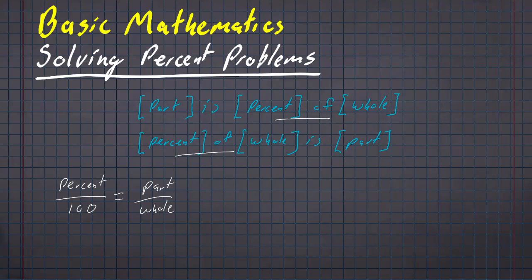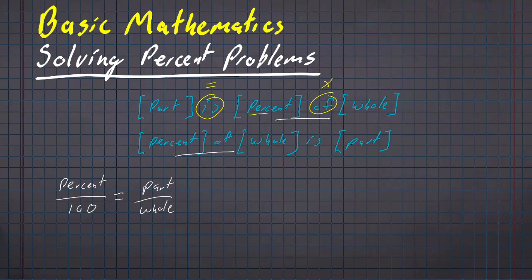The other option is to rewrite the percent problem as an equation. And in order to do that, we can use two simple facts. The word is almost always translates to an equal sign, or really any verb translates to an equal sign in mathematical notation. And the word of almost always translates to multiplication.